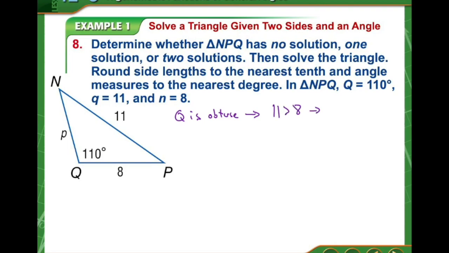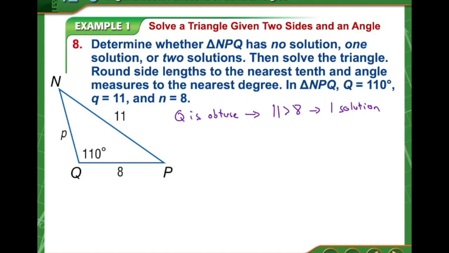So that means we do indeed have just one solution. If it was the other way around, then there's no way that could form a triangle, because the side opposite the obtuse angle in a triangle has to be the longest side. There can only be one obtuse angle in a triangle, right? So we got our one solution.